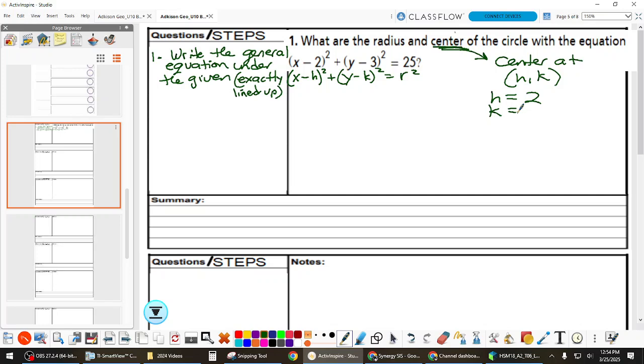Negative 3. Nope, just 3. So the center is where? (2, 3). Okay? So now we know where we could go graph this, or at least put the center point. If it helps, you could circle h and k.